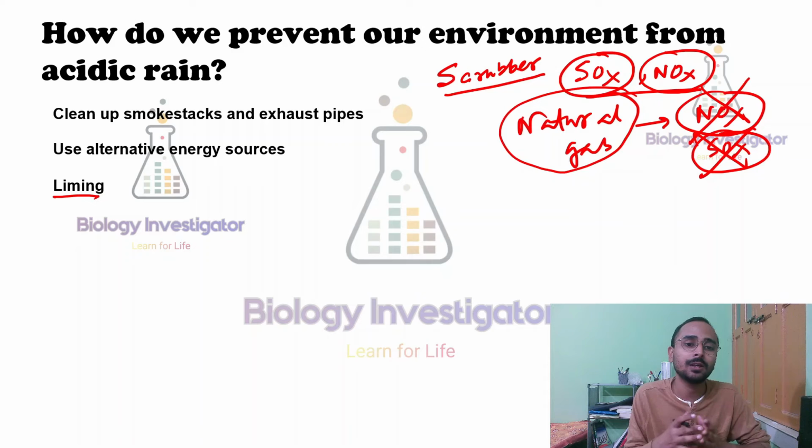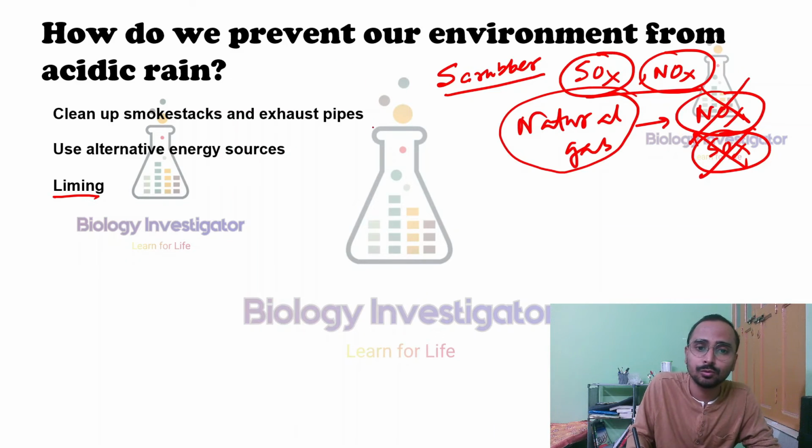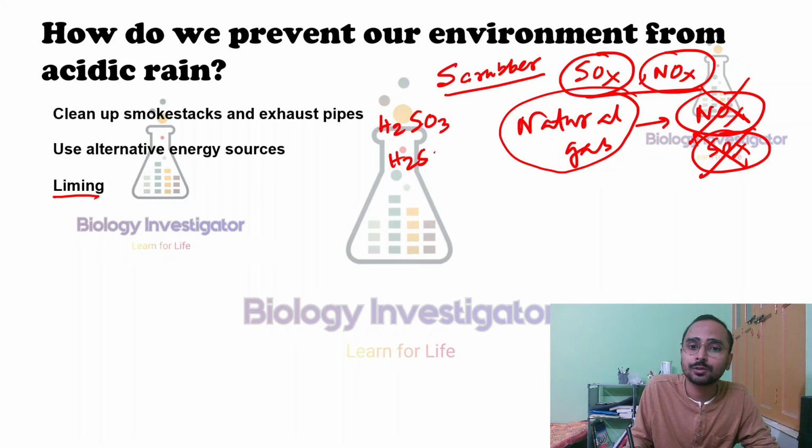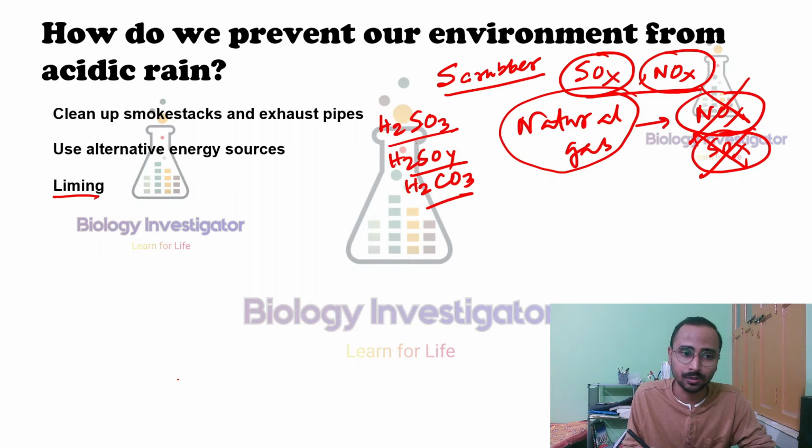They can become acidic with the deposition of heavy acids, for example H2SO4, H2SO3, H2CO3. These acids are getting deposited in water bodies, and water bodies can be deacidified.